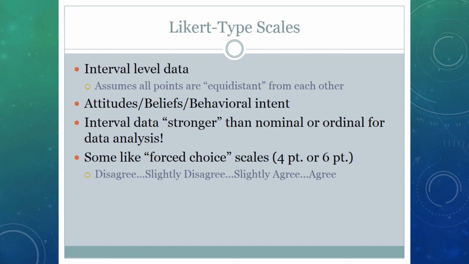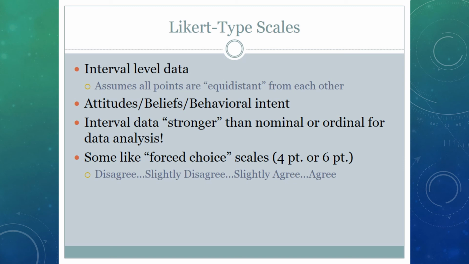And why do we care about that? As social science researchers, we care because we're making that assumption in order to do some kinds of statistical analyses that are stronger than others.